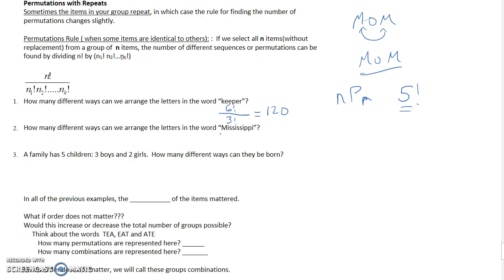How many different ways can we arrange the letters in the word Mississippi? Well, this is a bigger one, so I didn't give myself enough room, so I'm going to do this out here. How many letters are in Mississippi? M-I-S-S-I-S-S-I-P-P-I. I think there are 11 letters in the word Mississippi.